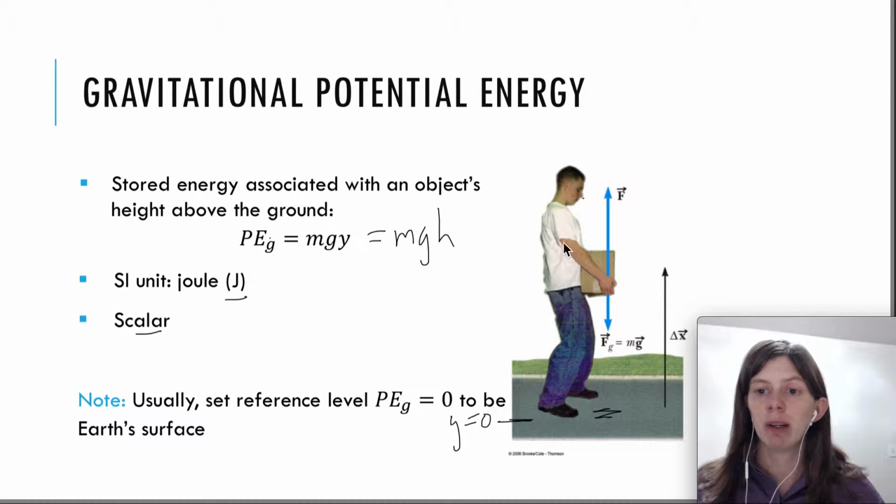And then anywhere else that your object is, then you can find its height above that reference level in order to know how much energy it has relative to that point. So this is a major difference between kinetic energy, where you didn't need that reference level. With potential energy, you need that reference level. And we'll talk about in this video about why you have this type of energy. We'll see that in a little bit. For now, we'll just accept that it's mgy.